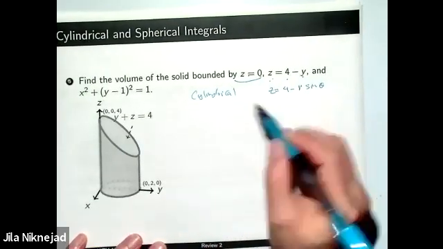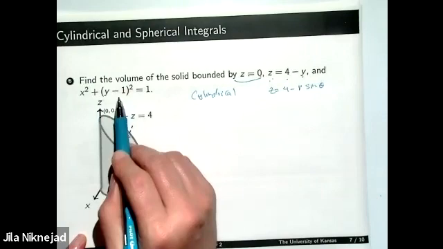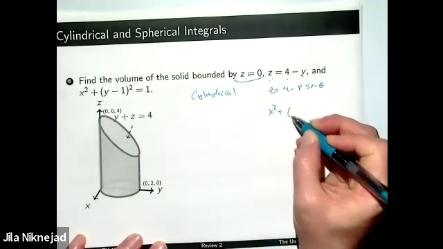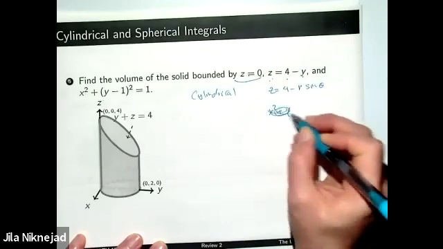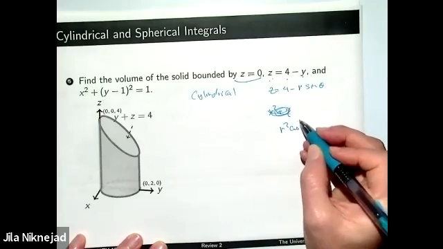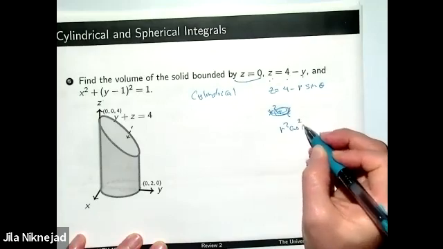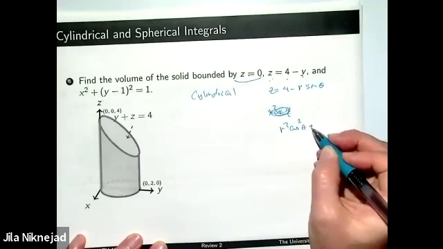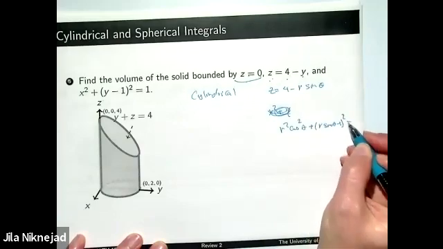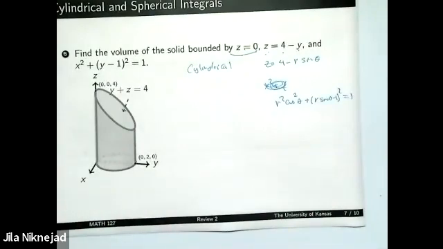And then what is going to happen to the last one? You will have r squared cosine squared theta plus (r sine theta minus 1) to the power 2 equal to 1, right?